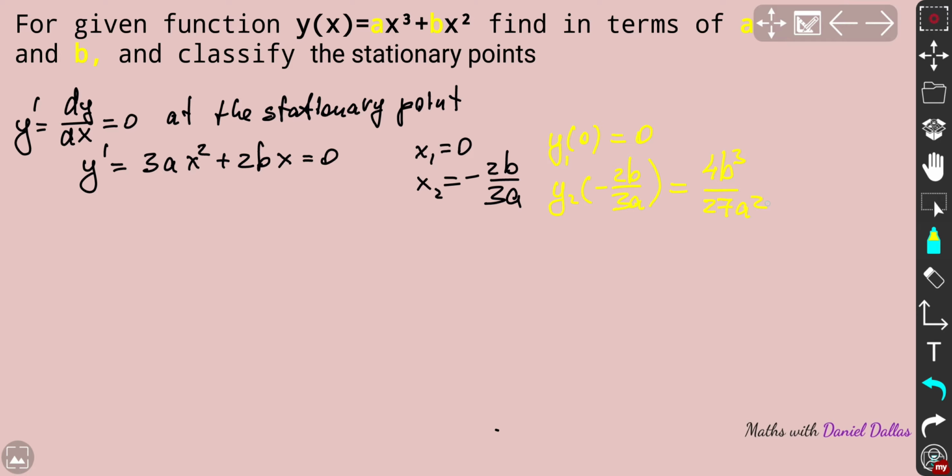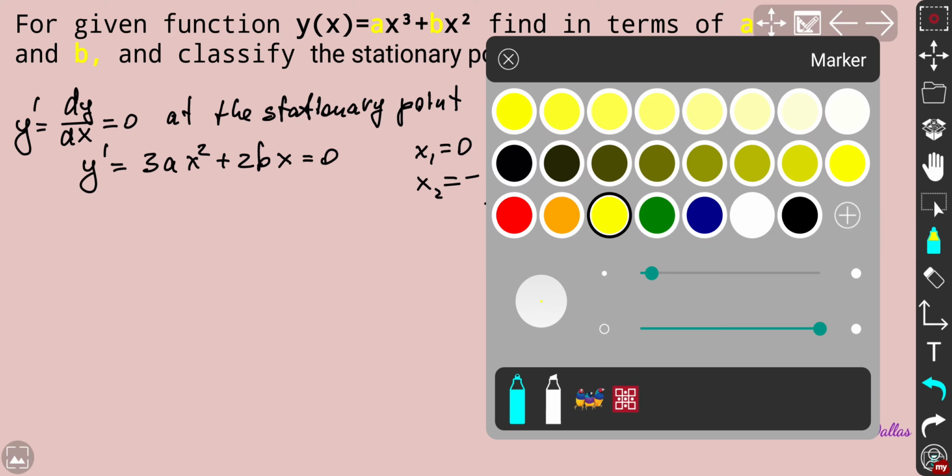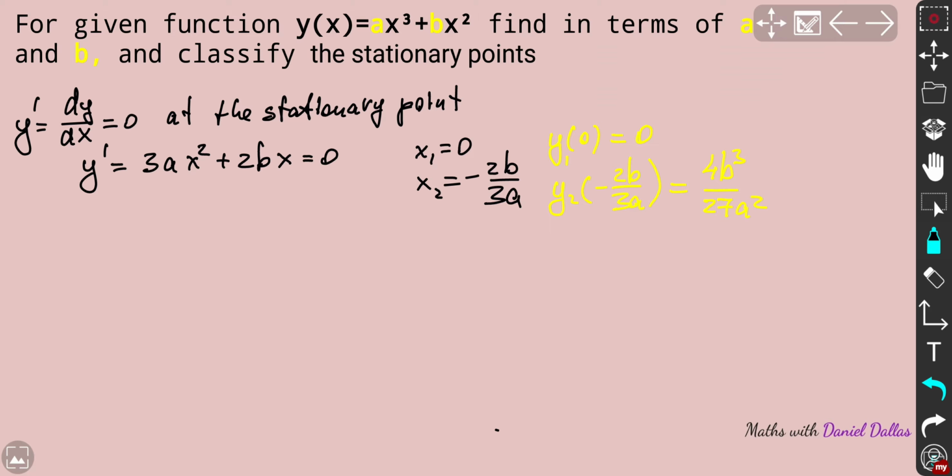As you can see, the y2 value depends on both b and a. If a is not equal to 0, the sign for y will be defined by b, but the value depends on both numbers a and b. So finally we've got two stationary points.